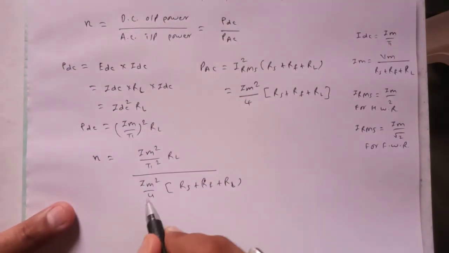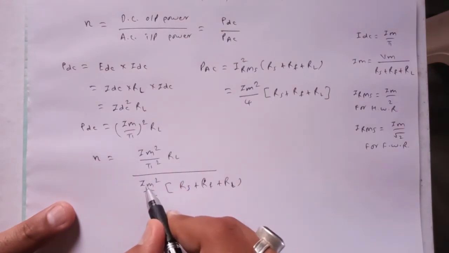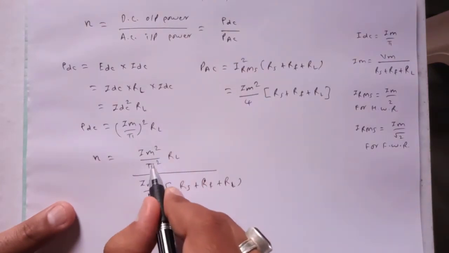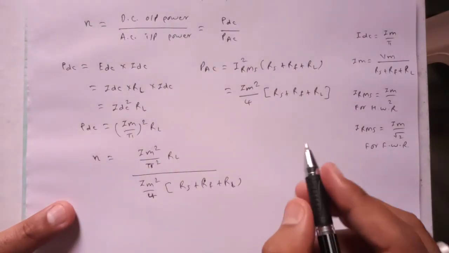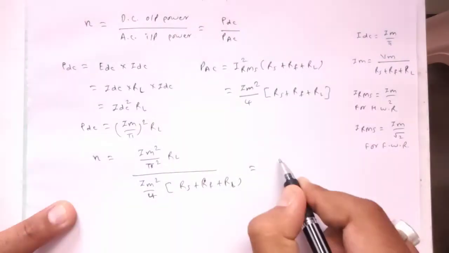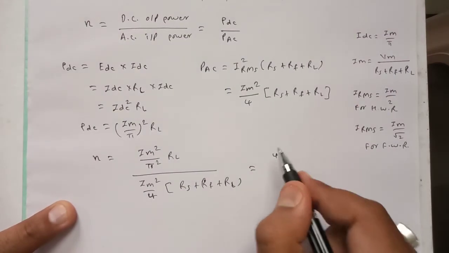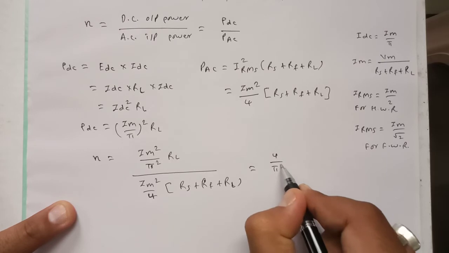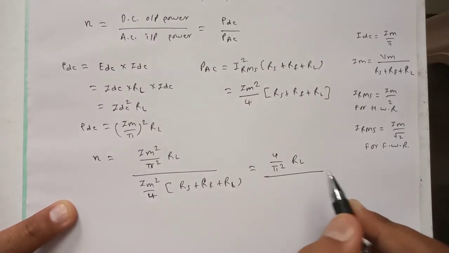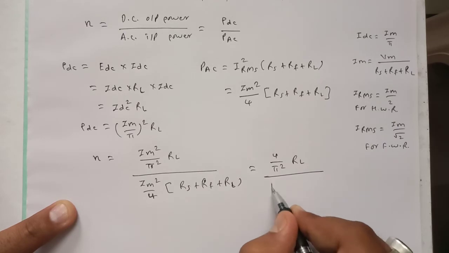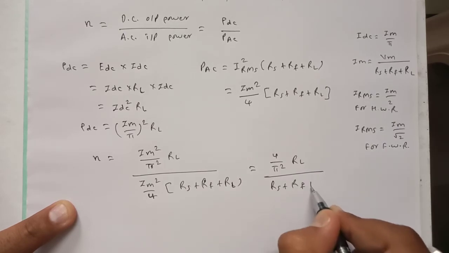Now this Im squared and Im squared get cancelled, and solving further, we are only remaining with 4 by pi squared into RL divided by Rs plus Rf plus RL.